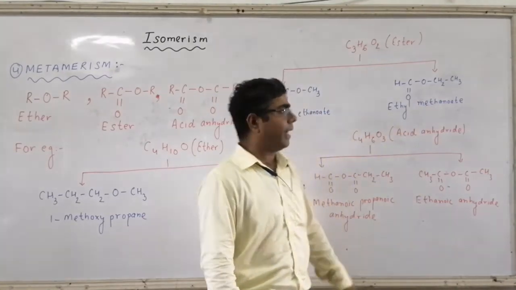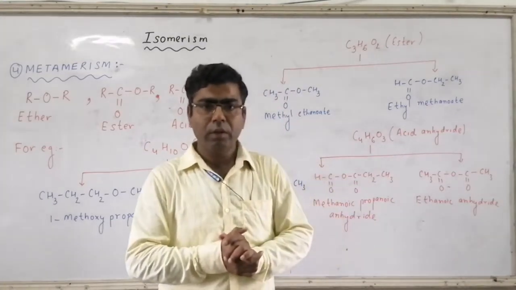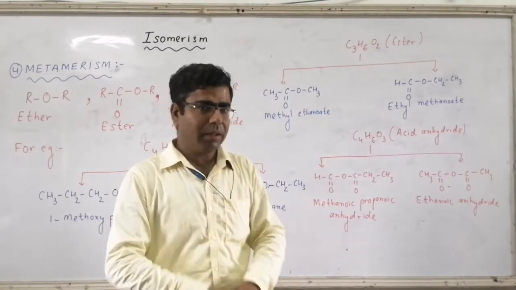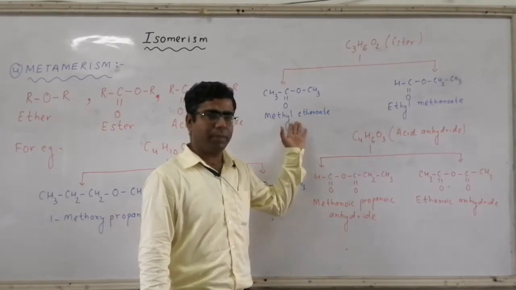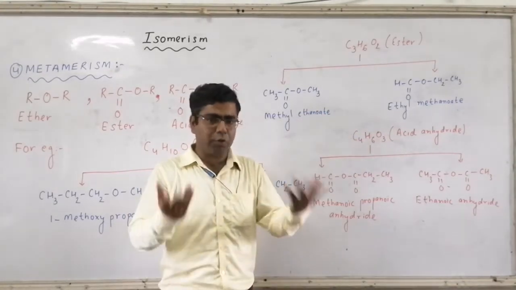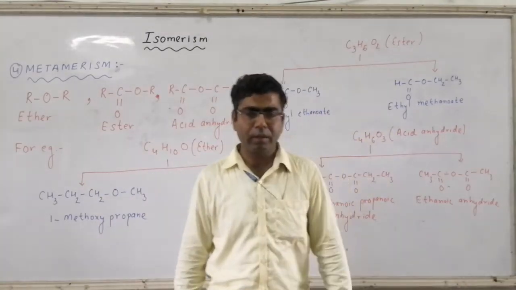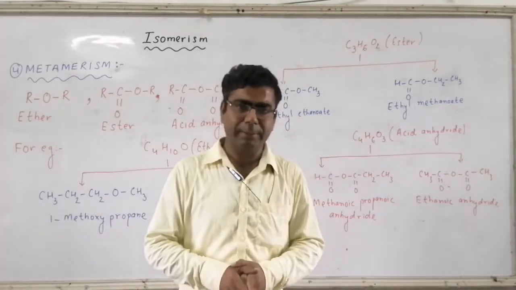So here we can say that for the given molecular formula, that is C3H6O2, 2 metamers are possible. First is methyl ethanoate and second is ethyl methanoate. Or we can also say that methyl ethanoate is a metamer of ethyl methanoate. So this is the case with the ester.